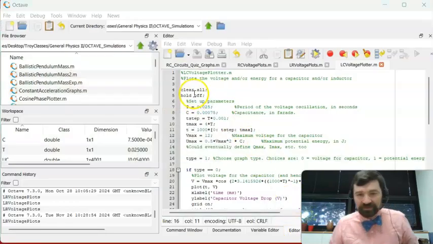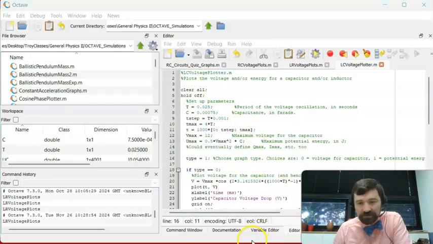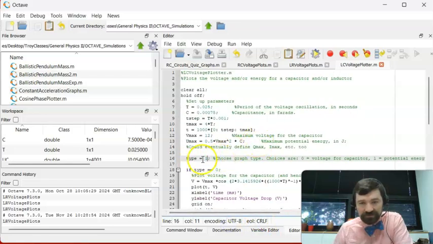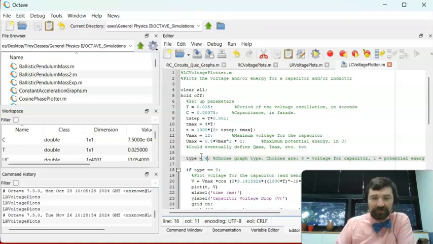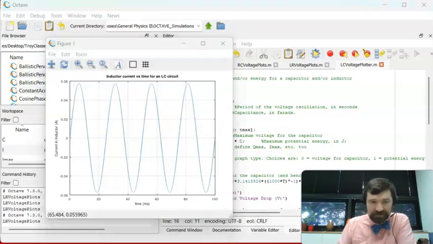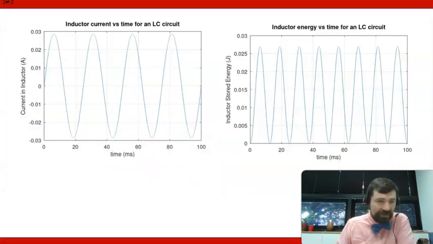So coming back here, let's look at the current versus time graph, which is graph type 4. And let's see if this is recognizable. So here it is, the current in the inductor versus time. If we go back and look at the original, we've basically doubled the maximum value of the current.